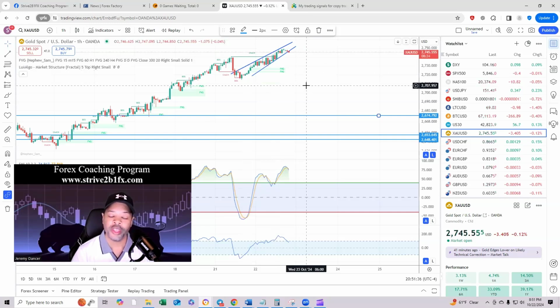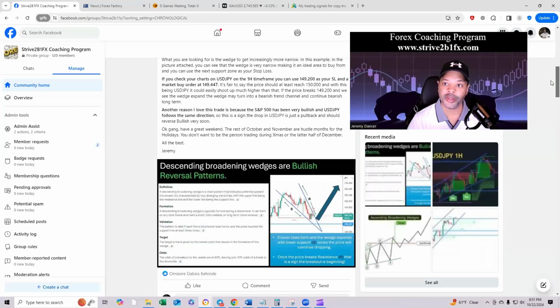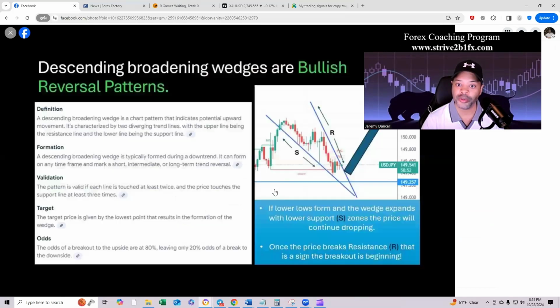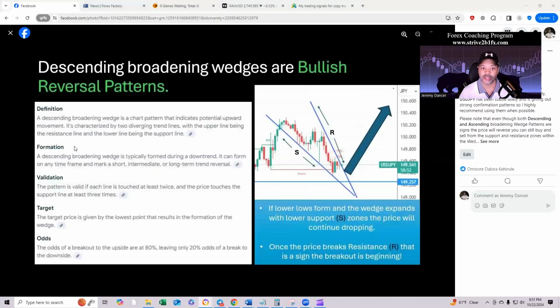So when it comes to spotting patterns, after you have drawn your lines, if you are part of my group, you should have tons of cheat sheets. For those of you who are inside my private group, if you are following my posts, just to give you an idea as to the quality of the posts that I share in my private group, this is what they look like.